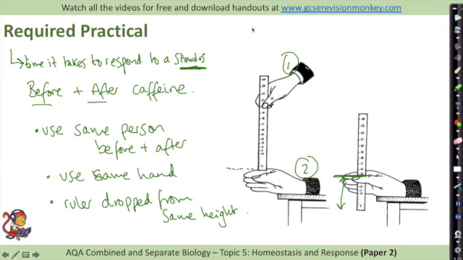Okay, so just be aware for this one, for a required practical, you should be able to write a method, talk about variables, especially the important things that you would want to control.